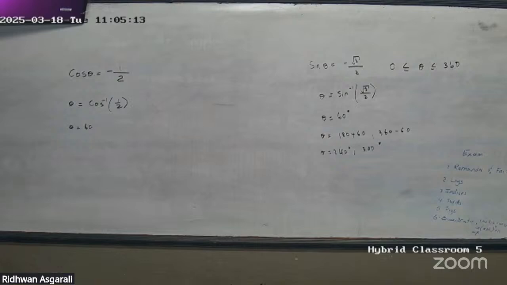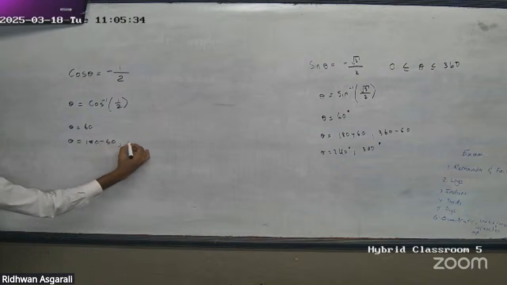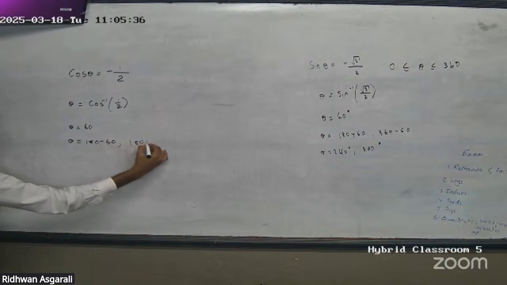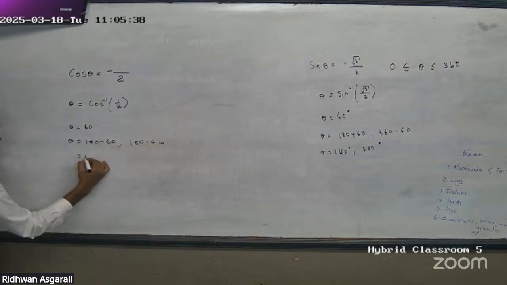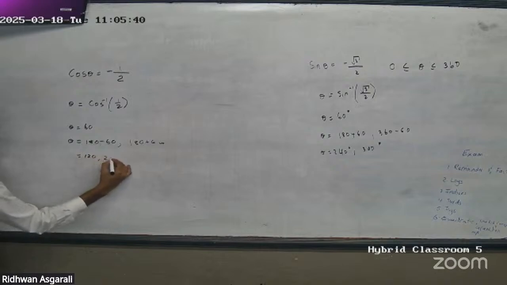Sine negative, tan negative, cos positive. All of them positive here. So the ones where cos is negative are quadrants 2 and 3. So we have theta is 180 minus 60 and 180 plus 60. So we have 120 and 240.